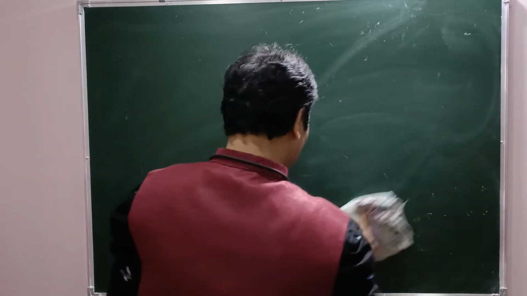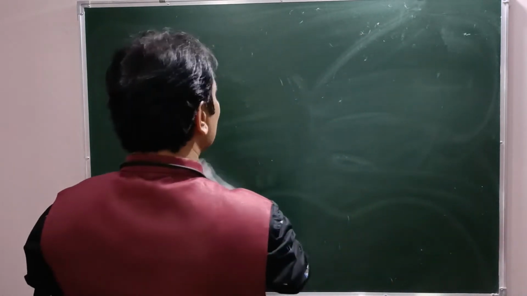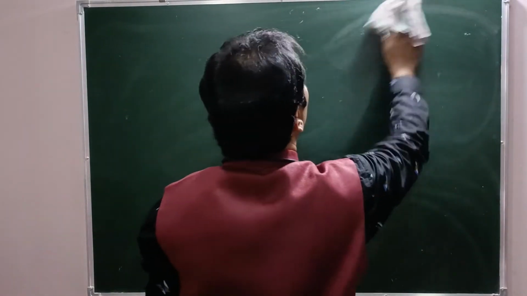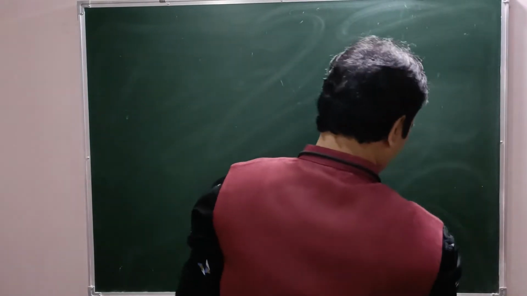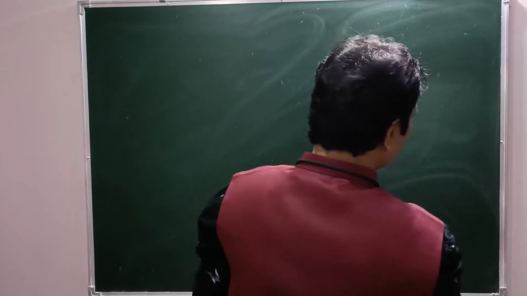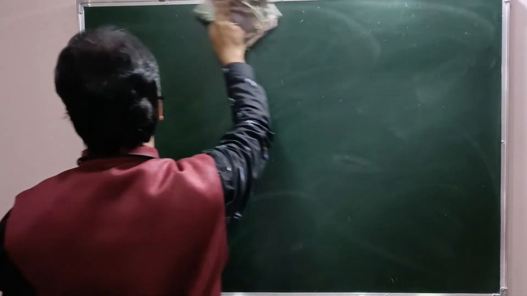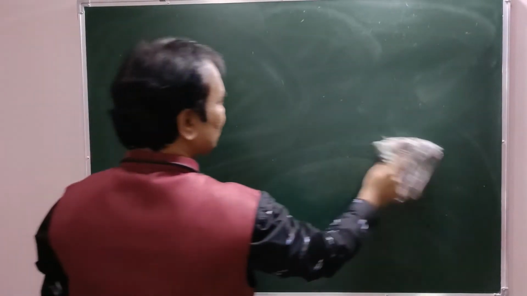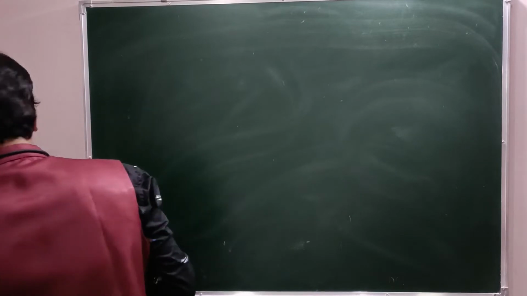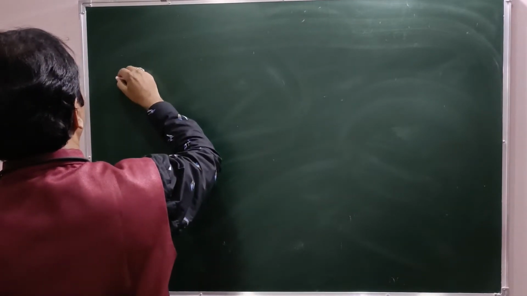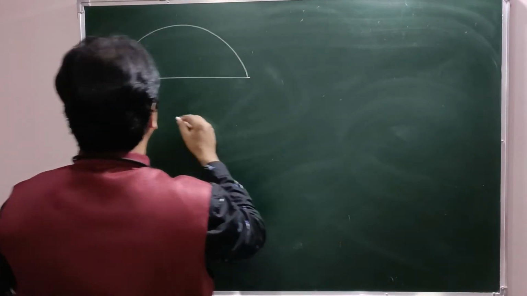Now in that case, express the initial velocity vector at point O, similarly the velocity at point A and the velocity at point B, right? See, this is the given question.